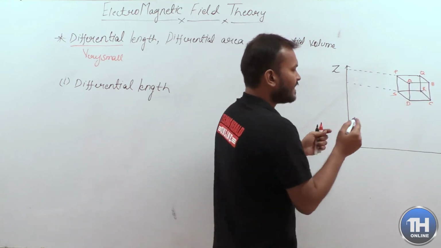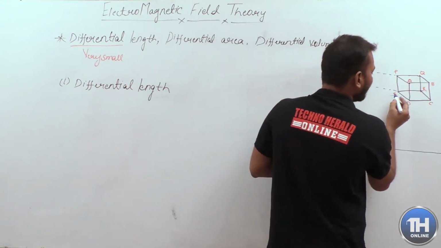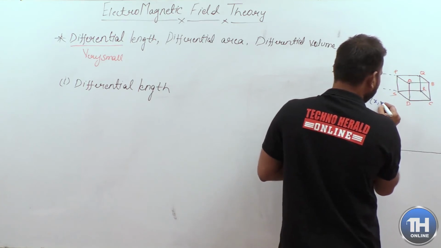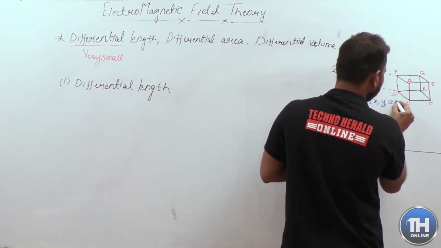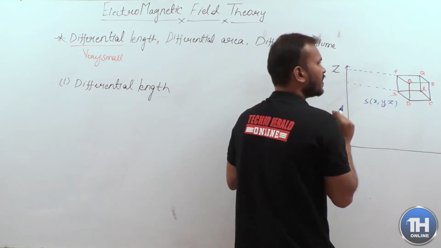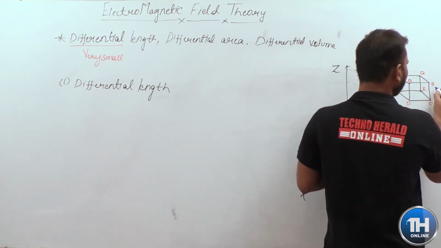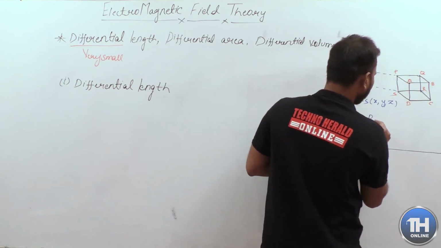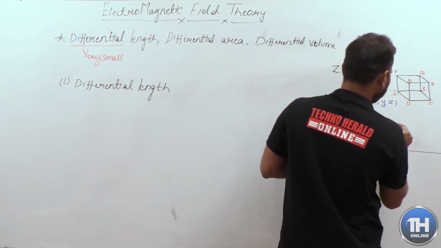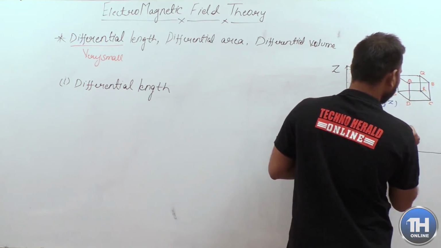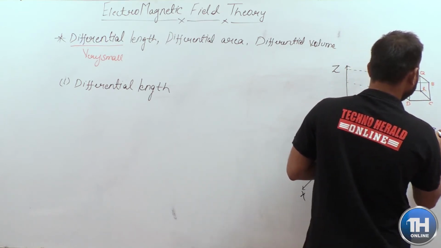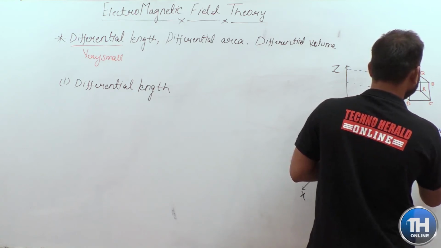So let the coordinate of the point S be X, Y, Z, and let the coordinate of the point B be X plus dx, Y plus dy, Z plus dz.